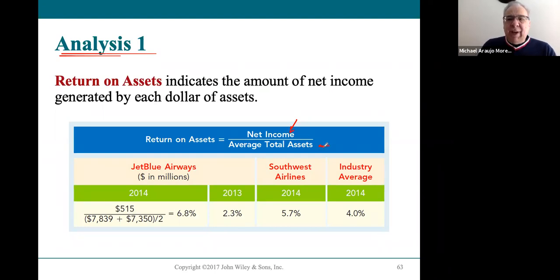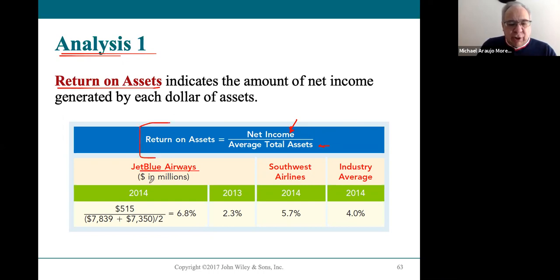Because the reason you have assets, well, there's actually a couple reasons you have assets, but the most important reason you have assets is to help you sell your stuff because you want to make a profit. So the return on asset ratio helps us measure, are we getting profits from our average assets? Okay. So this is the formula.